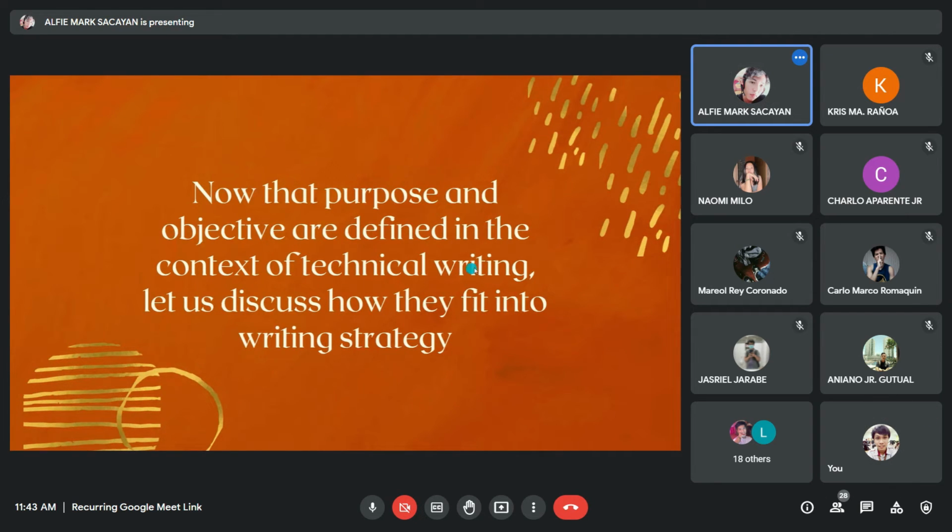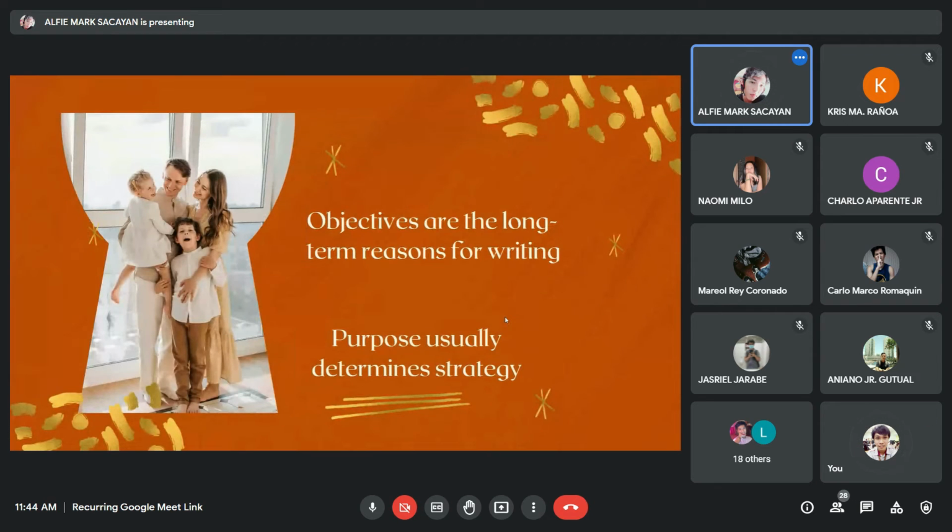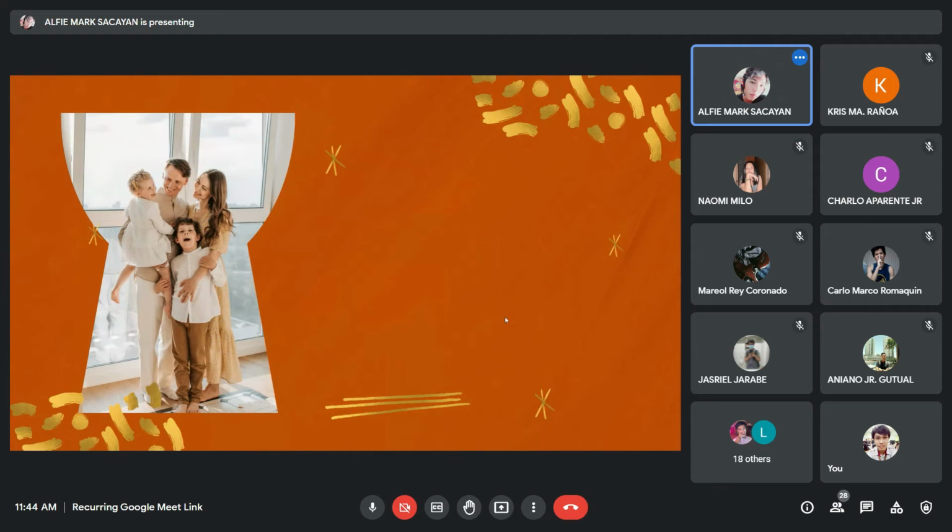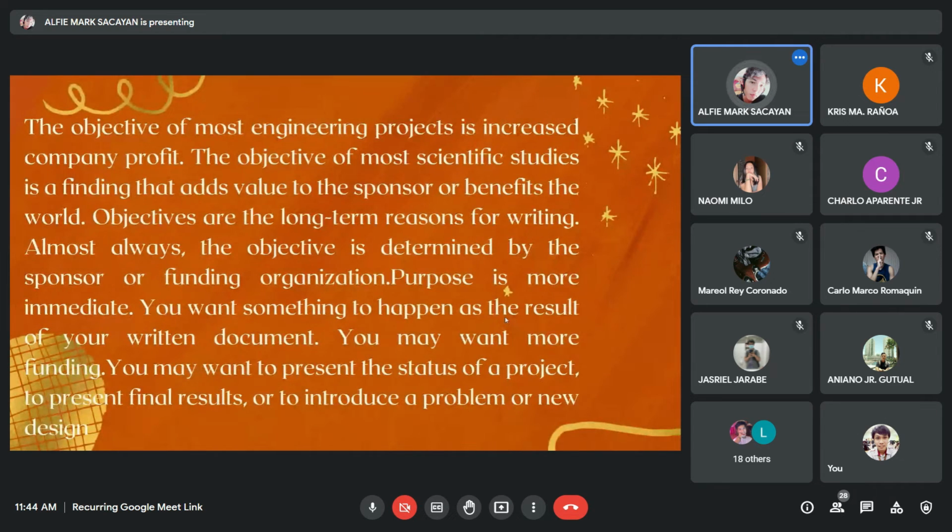So let us discuss how they fit into writing strategy. This is now the simplified definition: objectives are the long-term reasons for writing, and the purpose is usually the determined strategy. In this example, we are going to tackle documents by engineers.